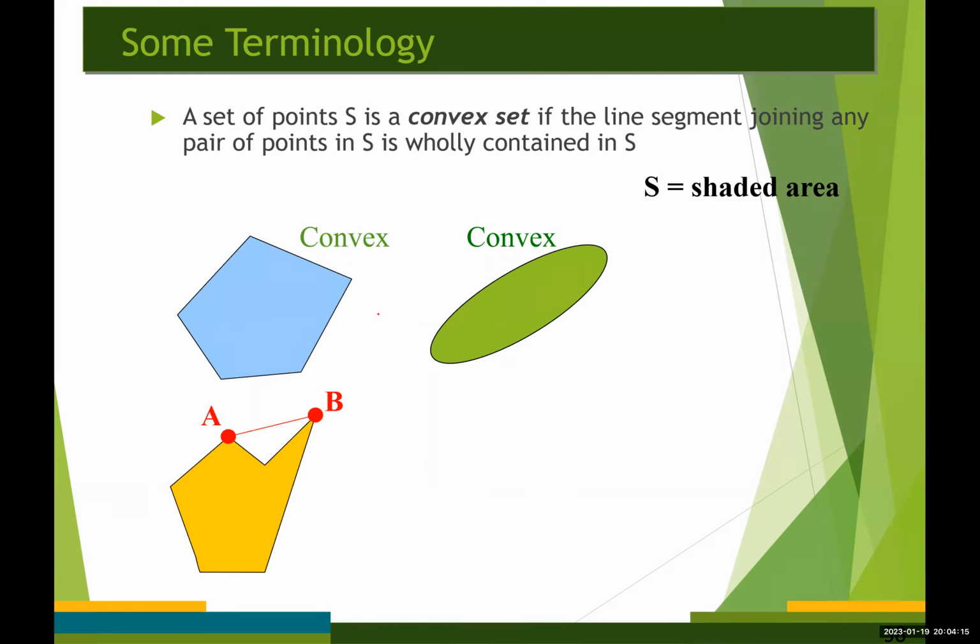In this figure, points A and B are in the shaded area, in S. However, there are points on the line segment AB that are not contained in S. So I'm talking about these areas, right? These are not contained in S. So this is not convex, okay?